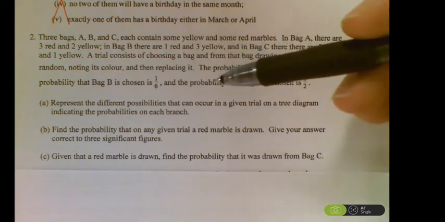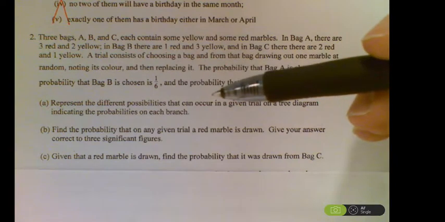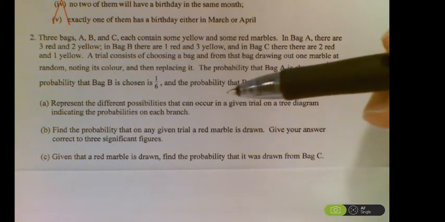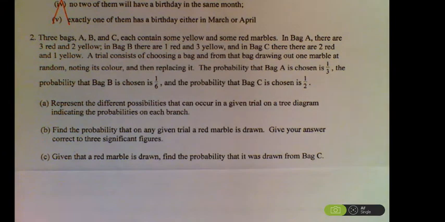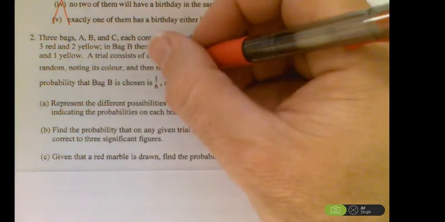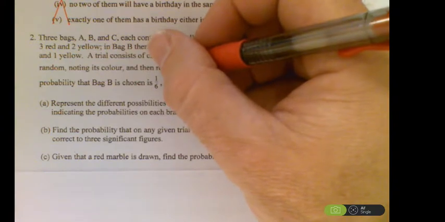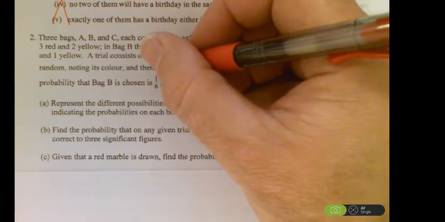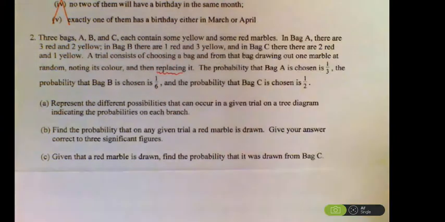That's like the first event that is taking place. It's just picking a bag to choose from. And then drawing 1 marble at random and noting its color, then replacing it, which is super important to note, that we're putting it back, which means the next event would not be affected by this event.